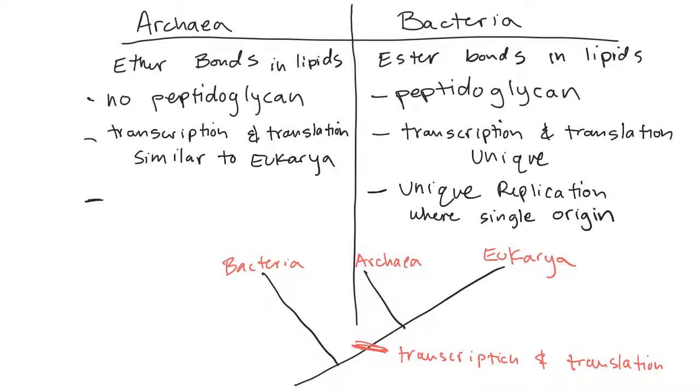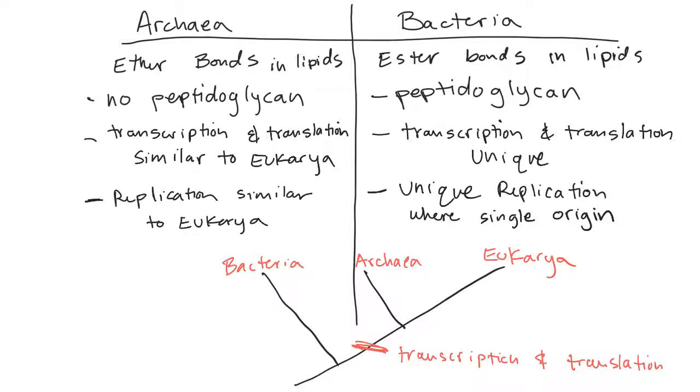Whereas in archaea, replication is similar again to eukaryotes with multiple sites of origin, which works better for the longer, more complex chromosomes which eukaryotes have.